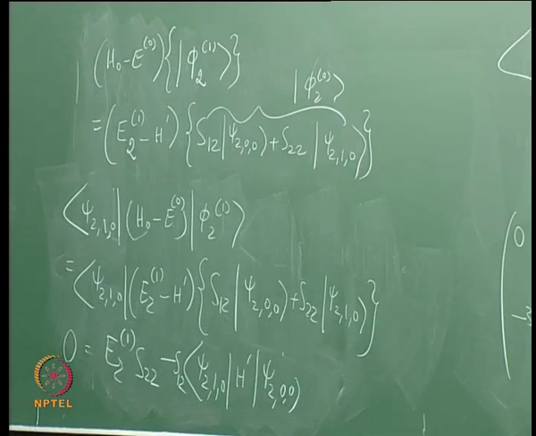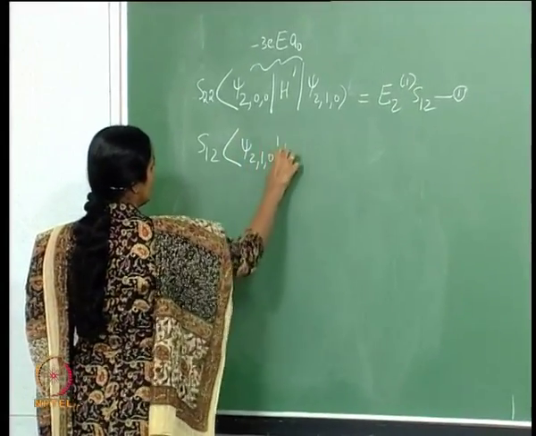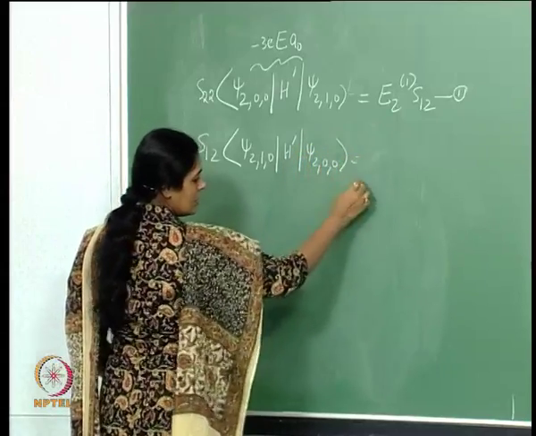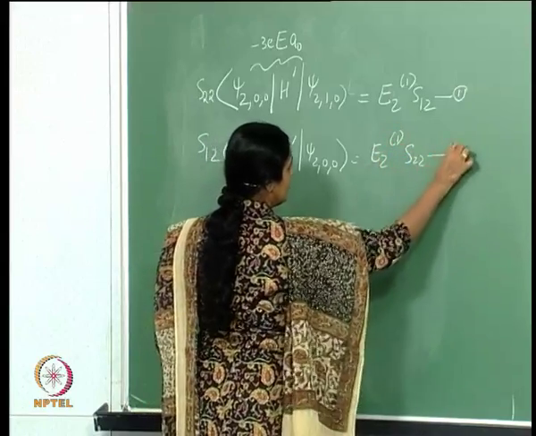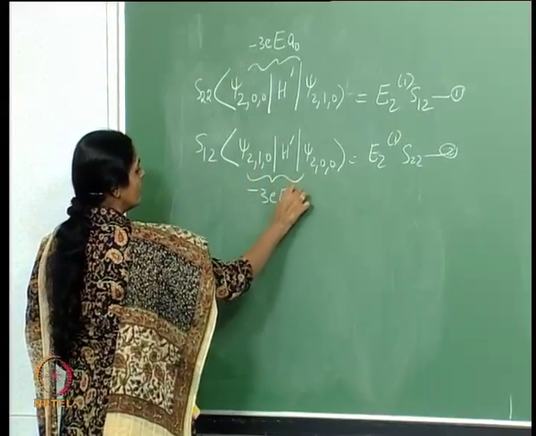So this is what I have, and therefore I have S12 psi 2 1 0 H prime psi 2 0 0 equals E21 S22. Same thing as before, it's the real matrix element.